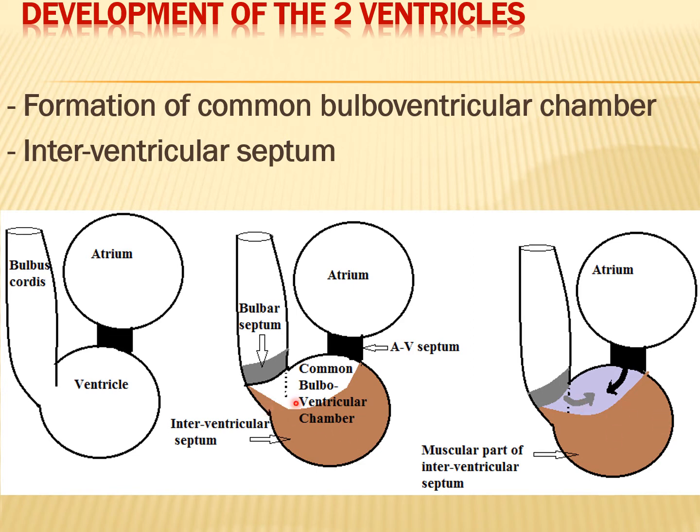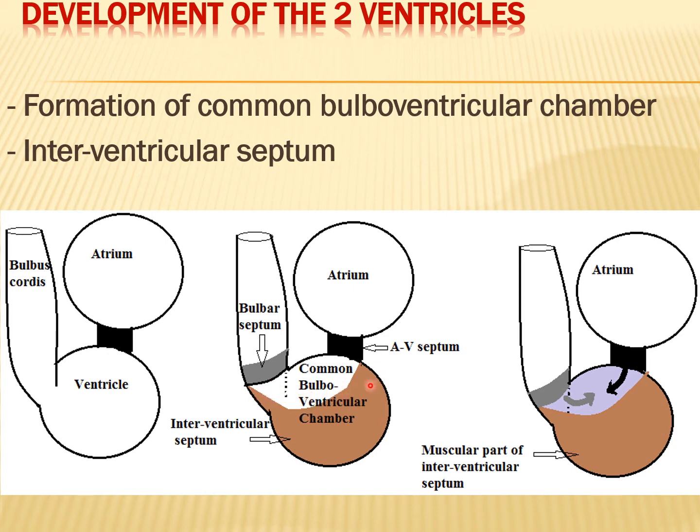This ascends upward to meet the atrioventricular septum and the bulbar septum. Here, the edge meets the atrioventricular septum on one side, and on the other side the bulbar septum, forming a temporary interventricular opening.